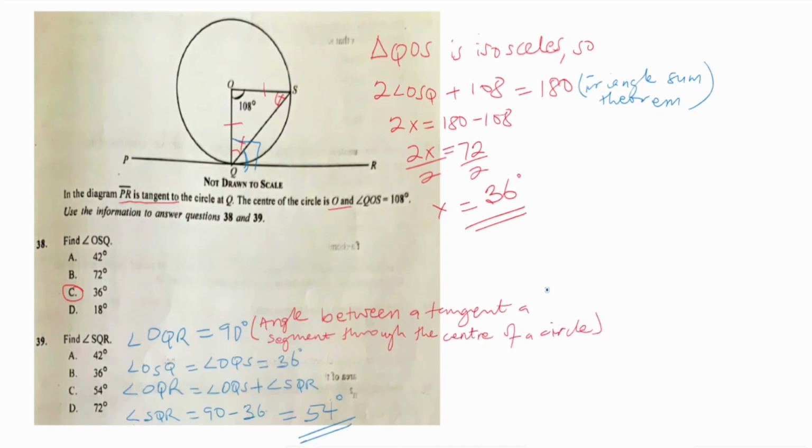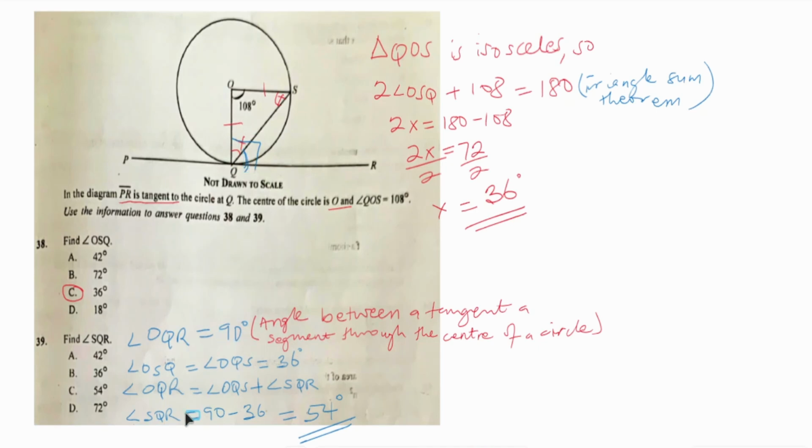Right, so angle OSQ, which is the angle we got for question 38, will be equal to OQS, which we stated clearly in the diagram already, and that is 36 degrees. And now angle OQR, which is the 90 degrees we stated earlier here, will be equal to OQS, which we know to be 36, plus SQR, which is what we are solving for.